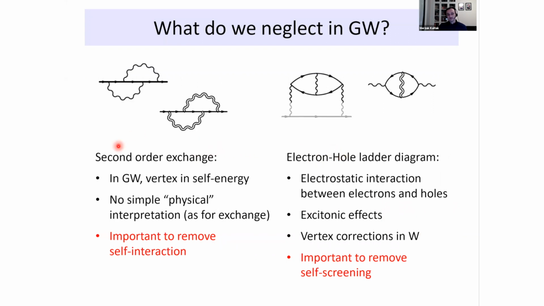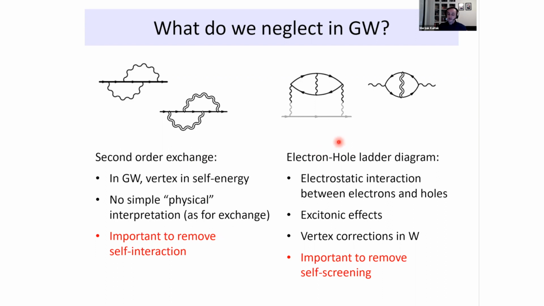One describes second order exchange, and the other one describes the electron-hole ladder diagrams. So second order exchange has unfortunately no simple physical interpretation. They correspond to vertex corrections in the self-energy. And it is known that they are important to remove self-interaction errors.